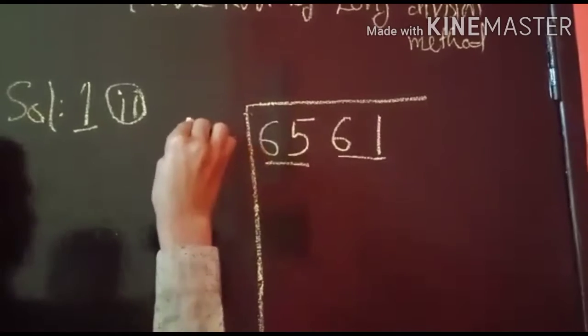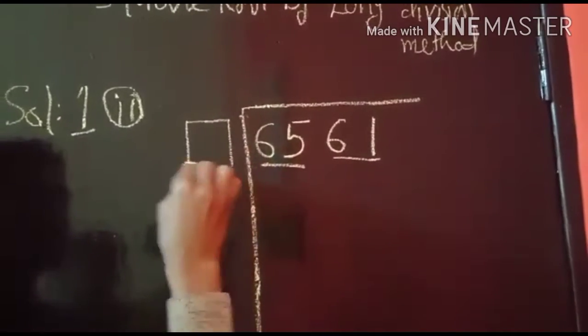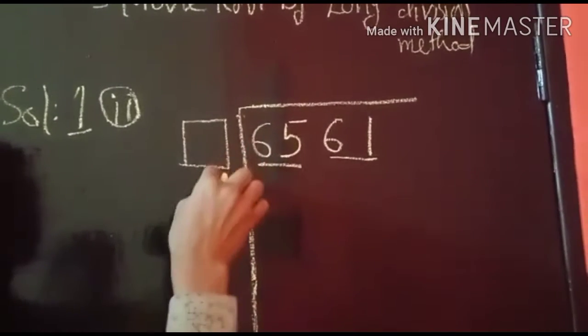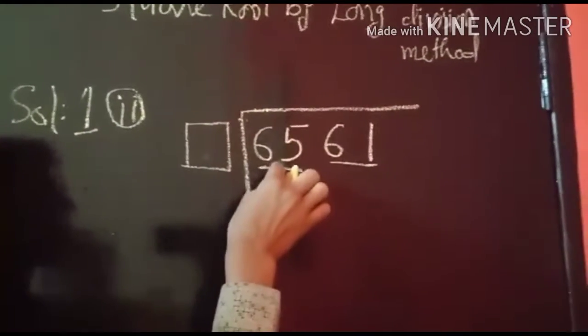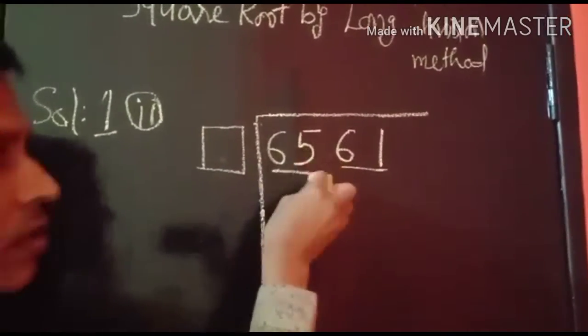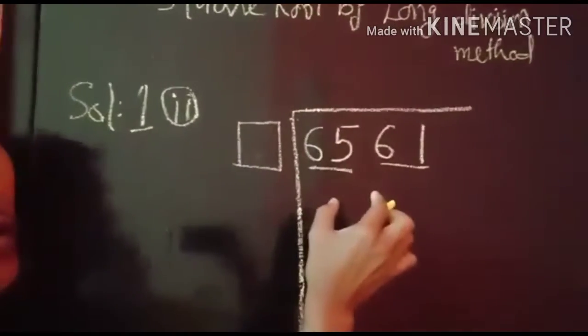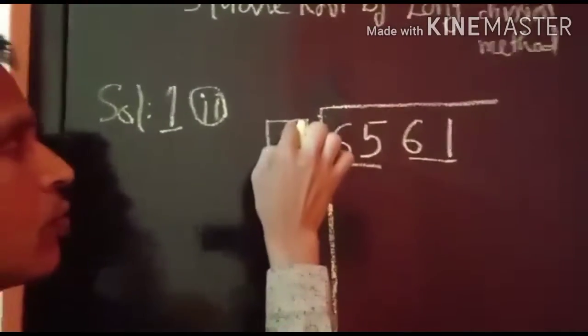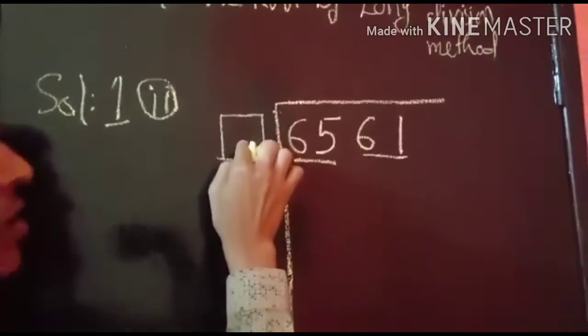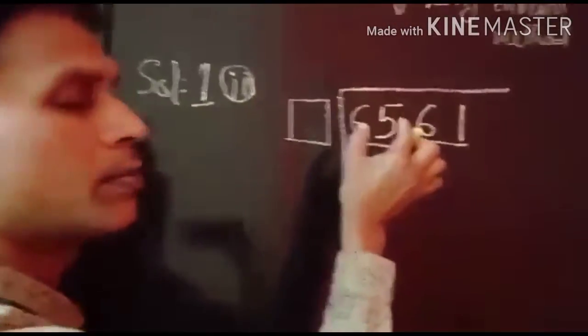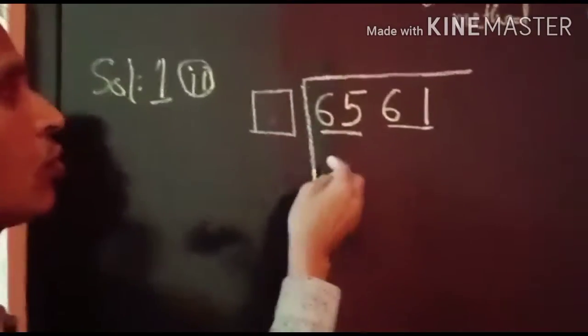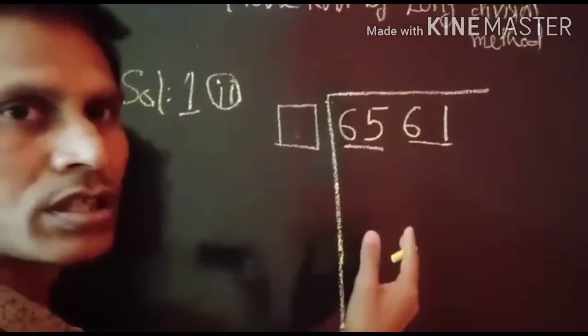So we will mark here one box. We will fill in such a digit whose square should be exactly this number 65 or less than 65. 3 3s are 9, 4 4s are 16.